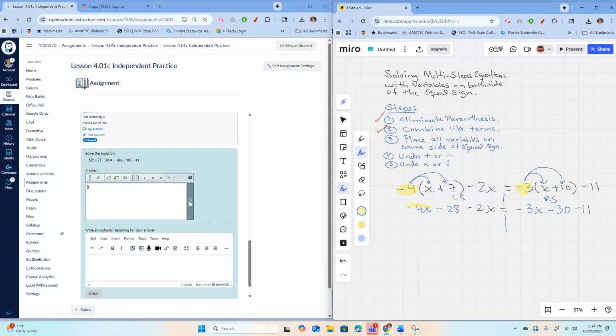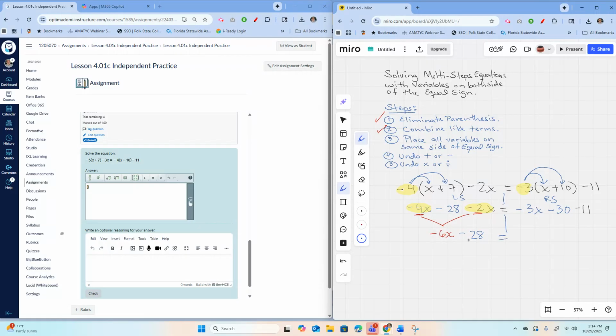Look, I have the -4x on the left side of the equal, and I also have a -2x. The word combine means that we're going to add. So I'm going to add the -4 with the -2. When you add them, you get -6. Keep the x. And whatever's still left, write it after that.